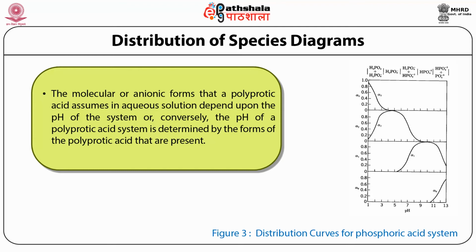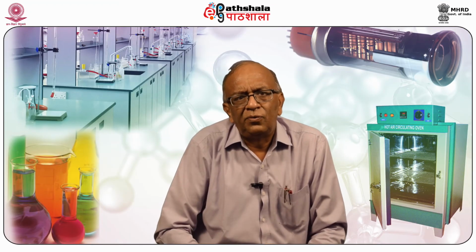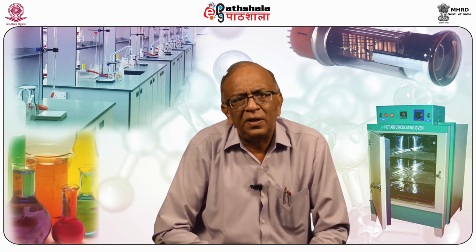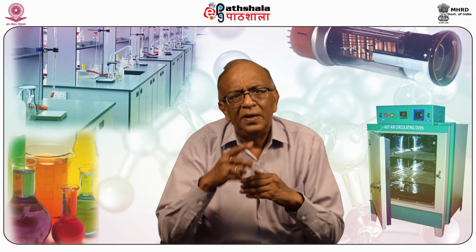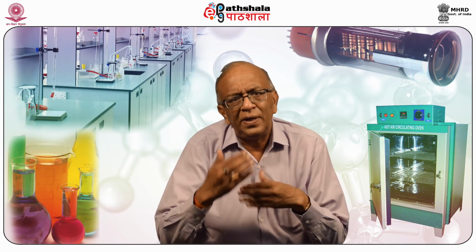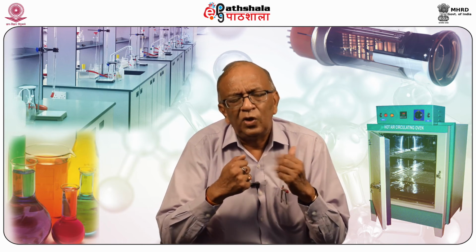From the figure, we can clearly find out at what pH which species exists. The distribution curves can be used to determine either the relative amounts of species needed to prepare a solution of a given pH or to predict the pH of a system given the amounts of various species.